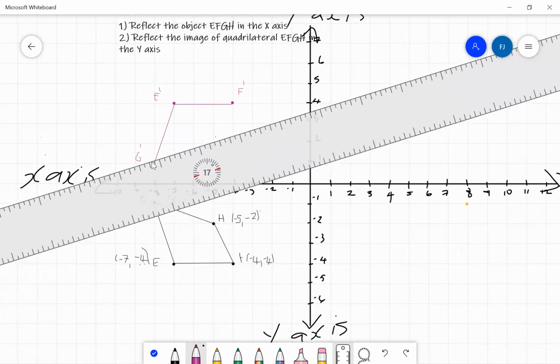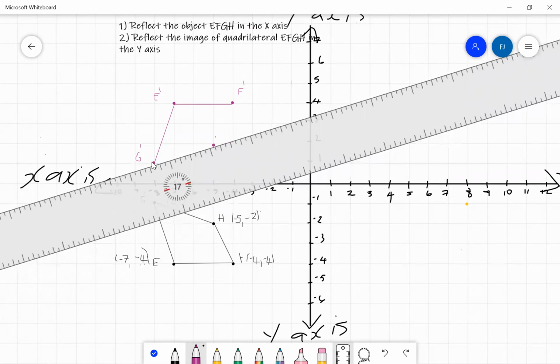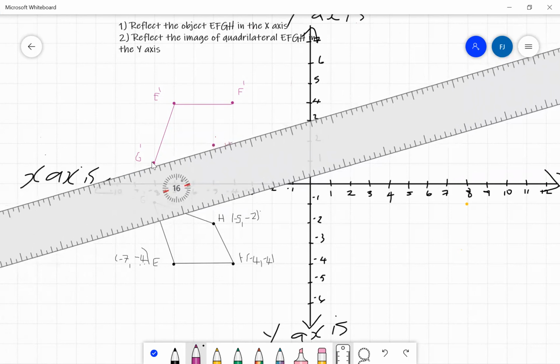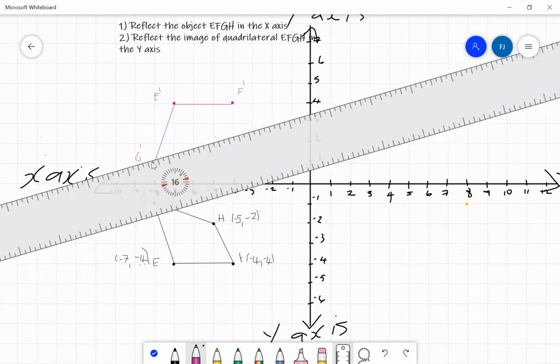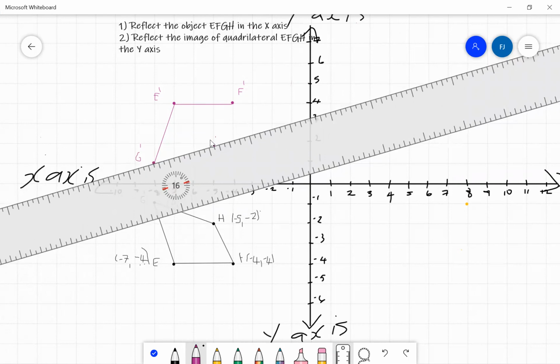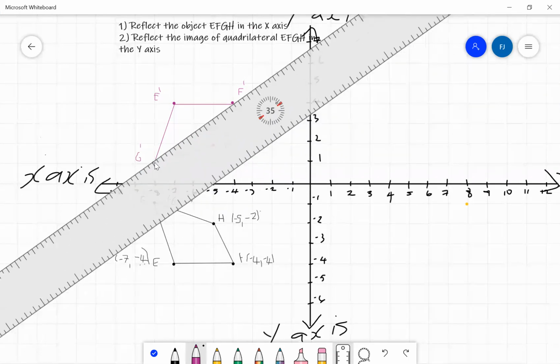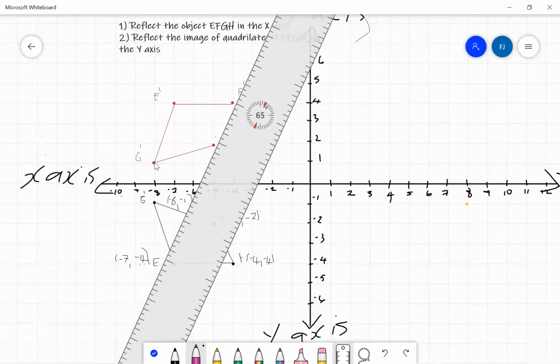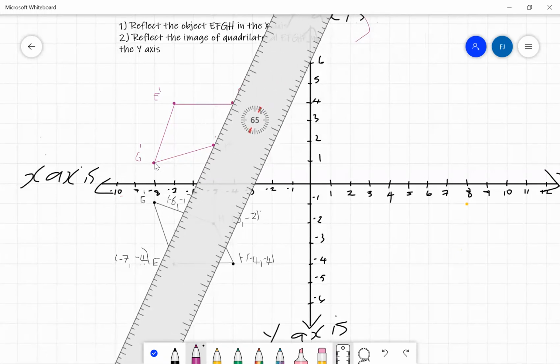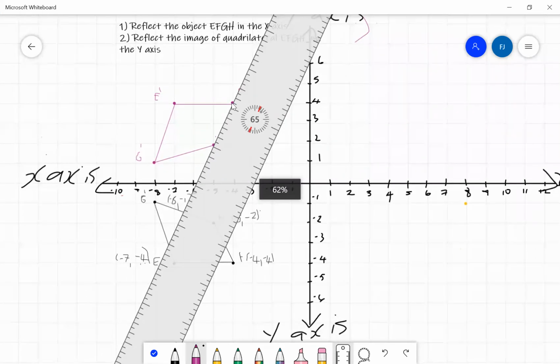So I'm now connecting my dots using my ruler. And there we have the image of quadrilateral EFGH.